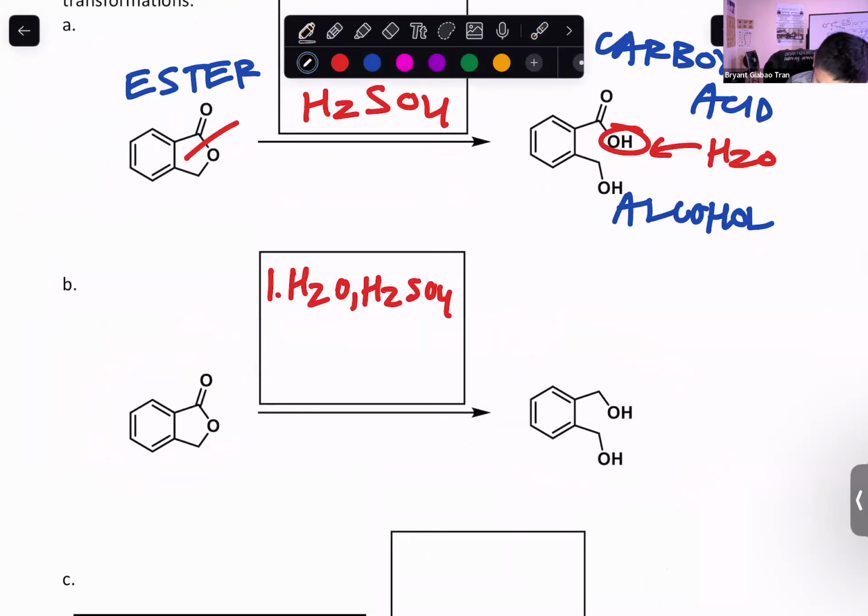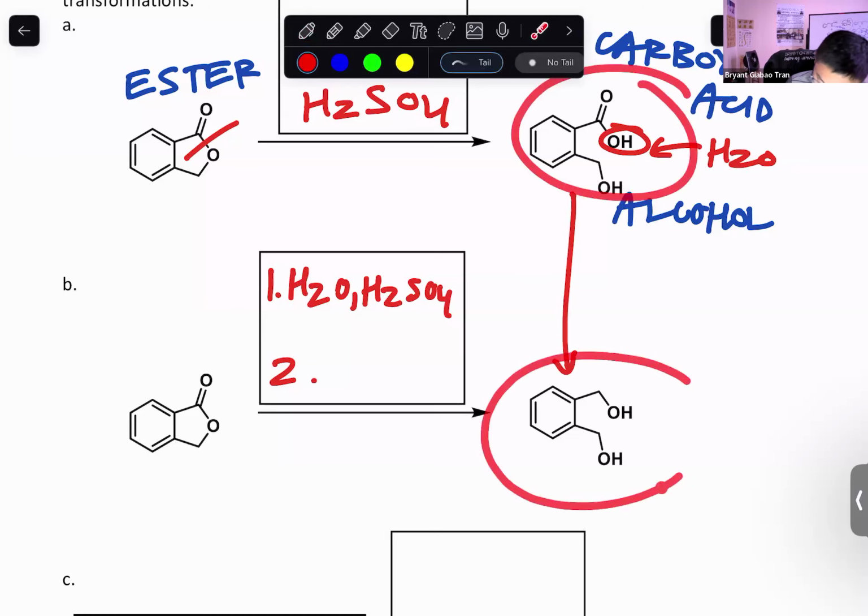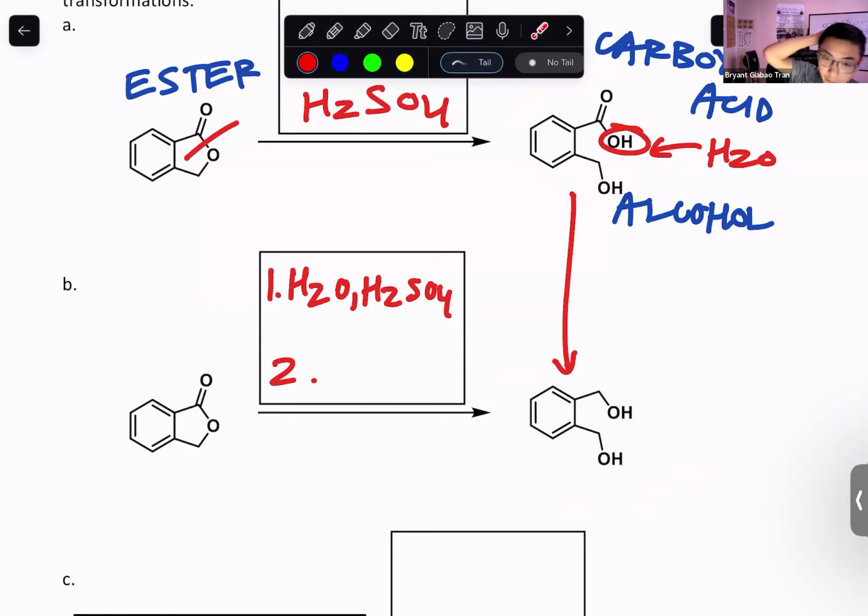And now we just have to think of a second step that would convert that molecule into this product here, right? Where the differences between those two molecules would be this carboxylic acid and this primary alcohol. Do you remember the reagent that would convert that carboxylic acid into a primary alcohol?